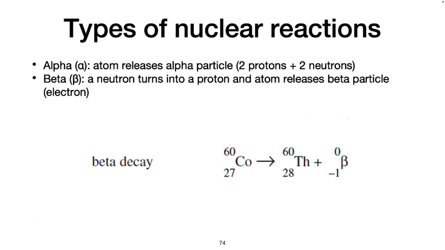We write our atomic number, which would be our number of protons. And here we have a negative. This doesn't really make any sense. What's happening here is you're ejecting from the nucleus an electron.